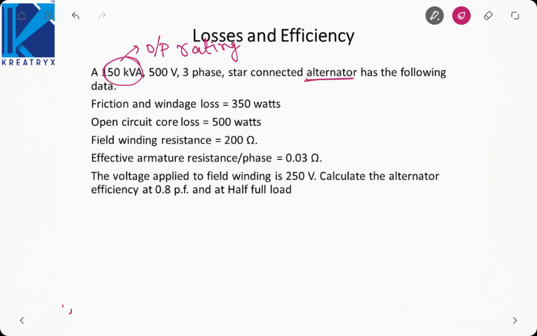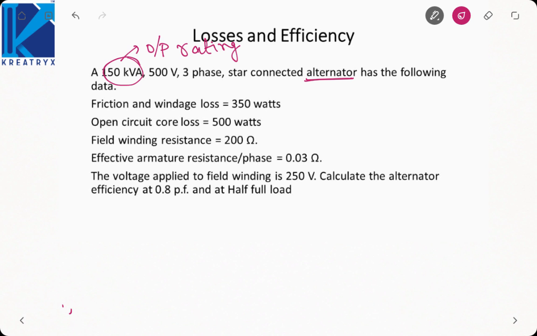And also remember, do not directly use rating in any equation unless you are given full load, half load, quarter load, because these loads are in reference to the full load or the rated power. But if you are given certain load power, you have to use that as a load, then rating will not be used in the problem.